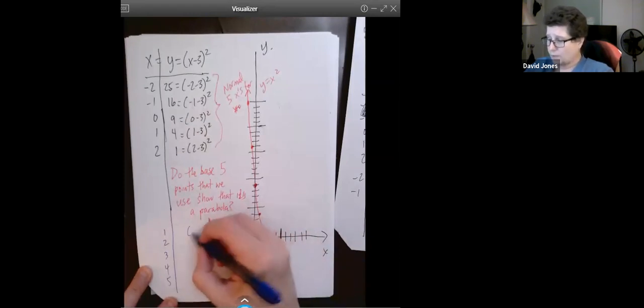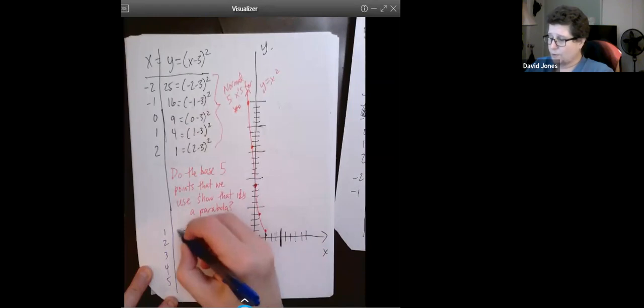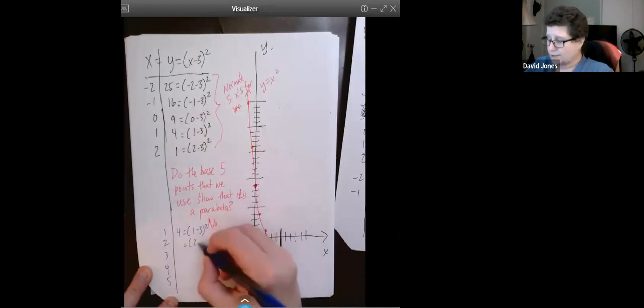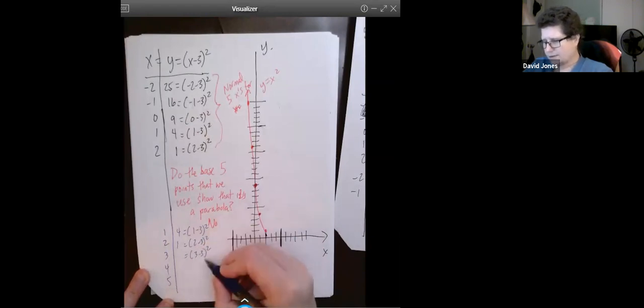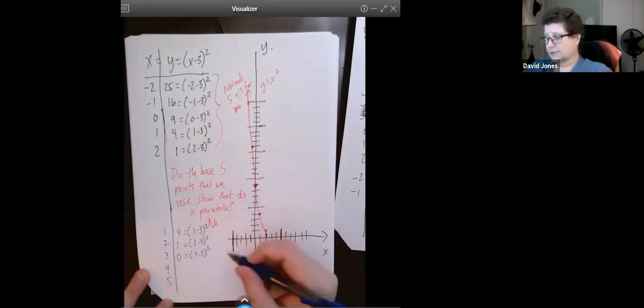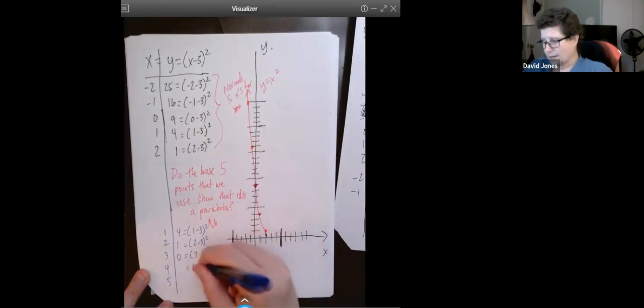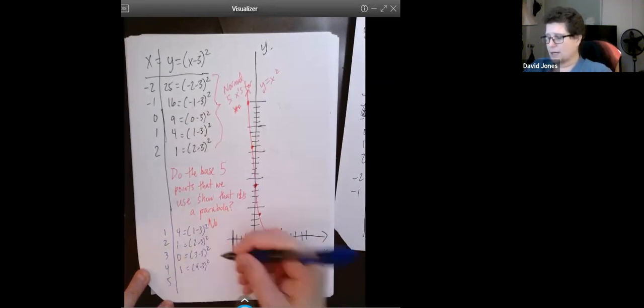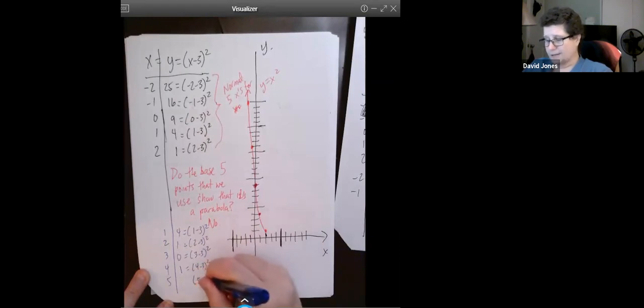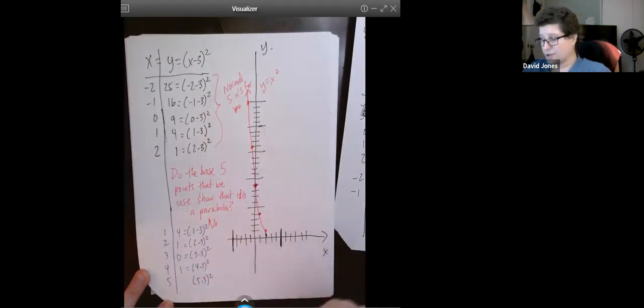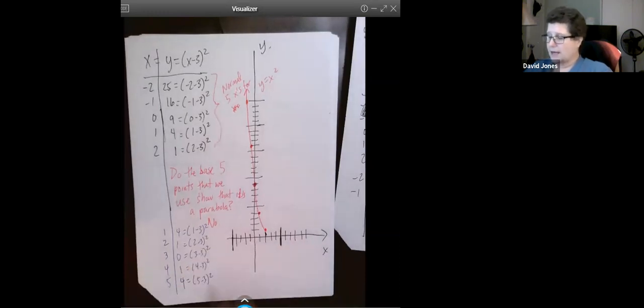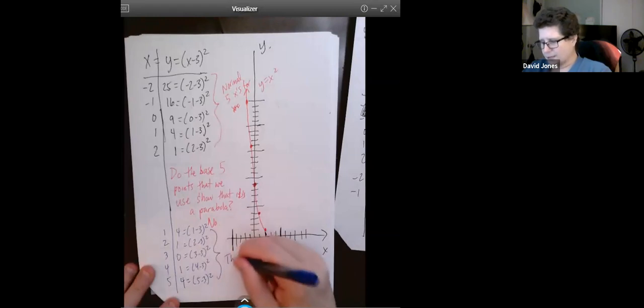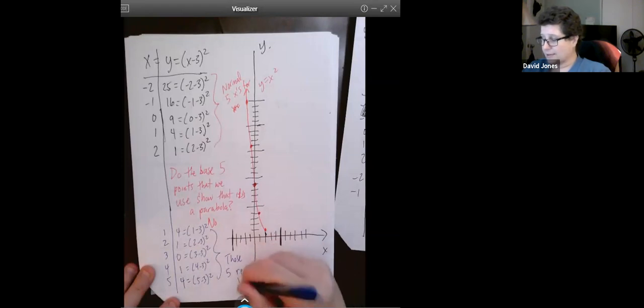If I stick in 1, we already did that. (1 minus 3) squared was 4. (2 minus 3) squared was 1. (3 minus 3) squared, 3 minus 3 is 0, 0 squared is 0. (4 minus 3) squared is 1 squared, which is 1. (5 minus 3) squared, 5 minus 3 is 2, 2 squared is 4. These 5 show that it's a parabola. These 5 reveal the parabola, I should say.